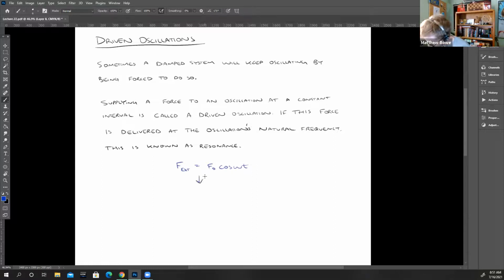We take this equation and massage it into the equation for damped oscillations. We'll get m d squared x over dt squared plus m omega naught squared times x.